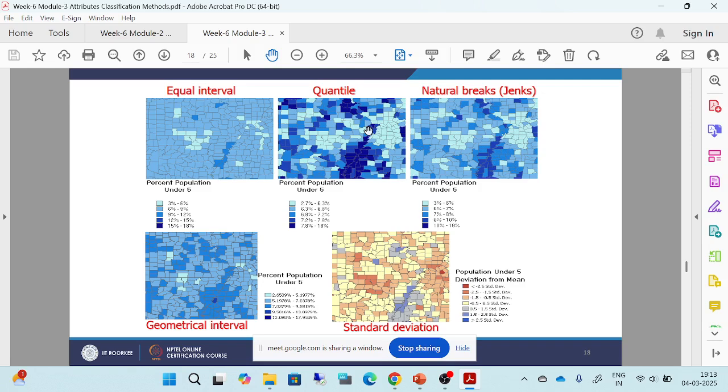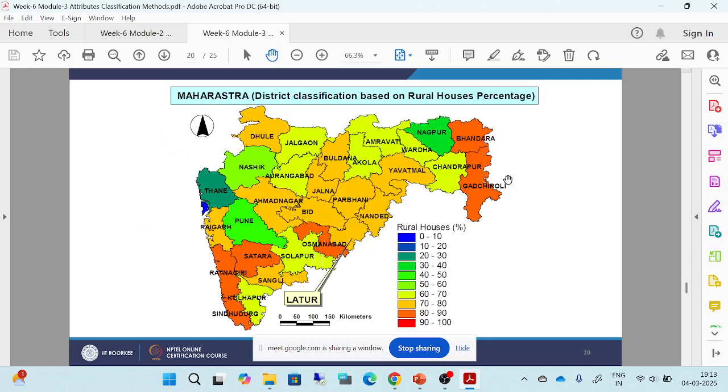And it's mainly dependent on what kind of data you're using and what kind of classification you require. That's why, while we were discussing equal interval, sir also mentioned that equal interval might be good in a different aspect, but when you're considering population or population density, that is not a good classification to go ahead with.